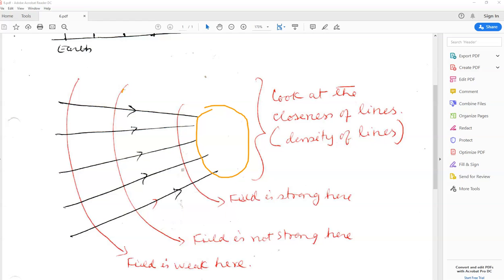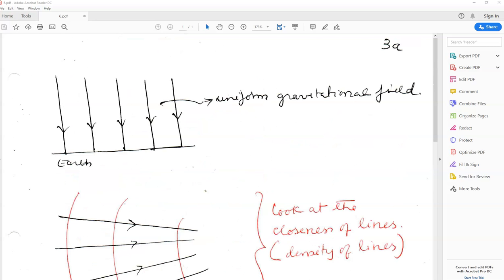At this point on the line, you can see that the lines have more spacing. You can say this is not as strong. At this point, they are still further spread out. You can say the field is weak. So by looking at the gravitational field lines, you can find out where the field is strong and where it's weak, and you have to remember the uniform field, where the field lines are equally spaced.